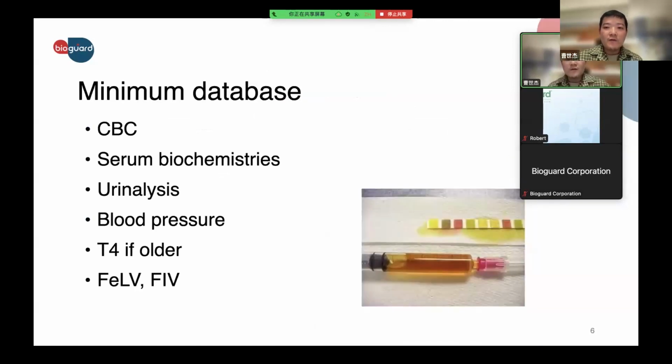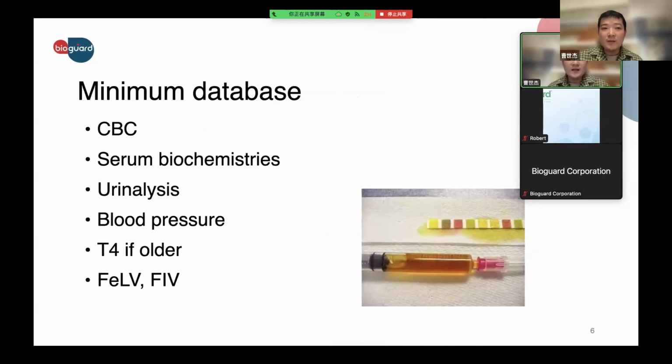Okay, so for a case like Captain, what are we going to do next once we see she's pretty dehydrated and a jaundiced cat? We will do blood work first.